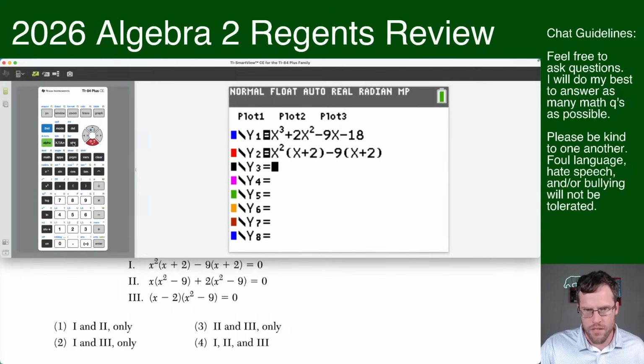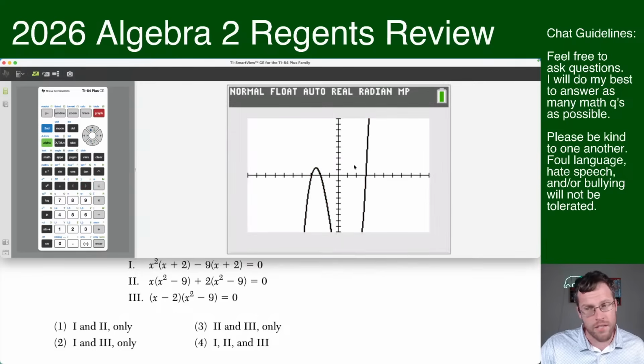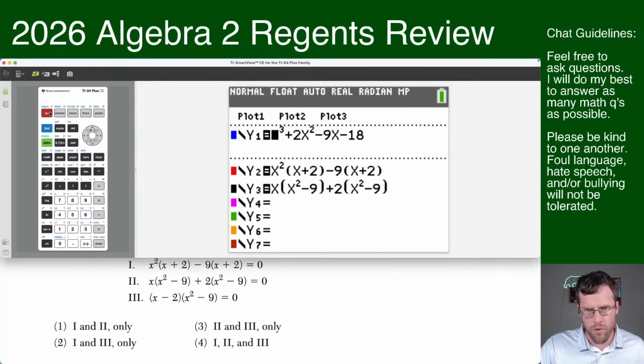Then if we look, x times x squared minus 9, and then plus 2 times x squared minus 9. Does this match? And it does. So far, 1 and 2 work. So 2 is out. We already said 3 is out. And now the question is, does Roman numeral 3 work?